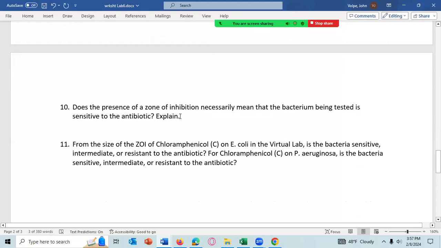And then explain your answer. 11, from the size of the zone of inhibition of chloramphenicol on E. coli in the virtual lab, is the bacteria sensitive, intermediate, or resistant to the antibiotic? And then for chloramphenicol on Pseudomonas aeruginosa, is the bacteria sensitive, intermediate, or resistant to the antibiotic?